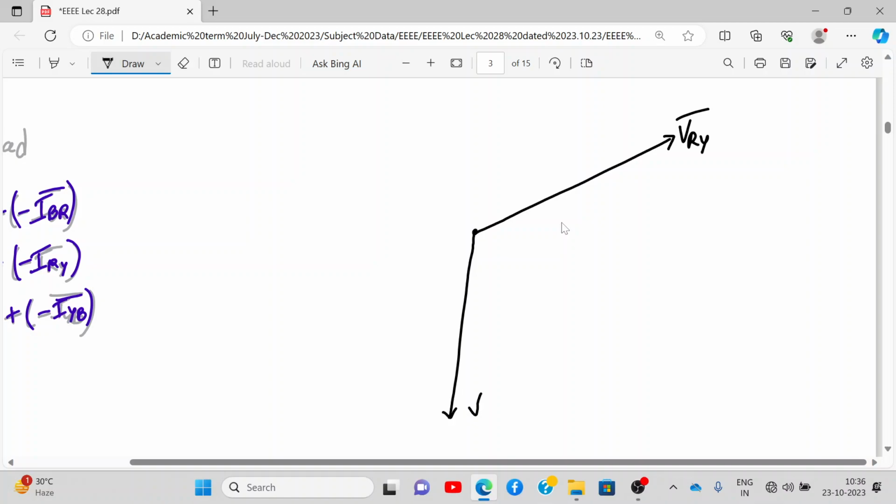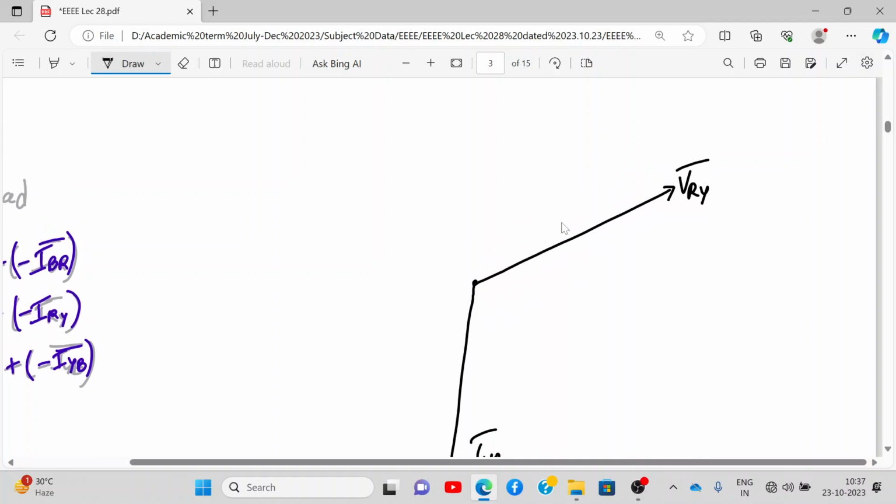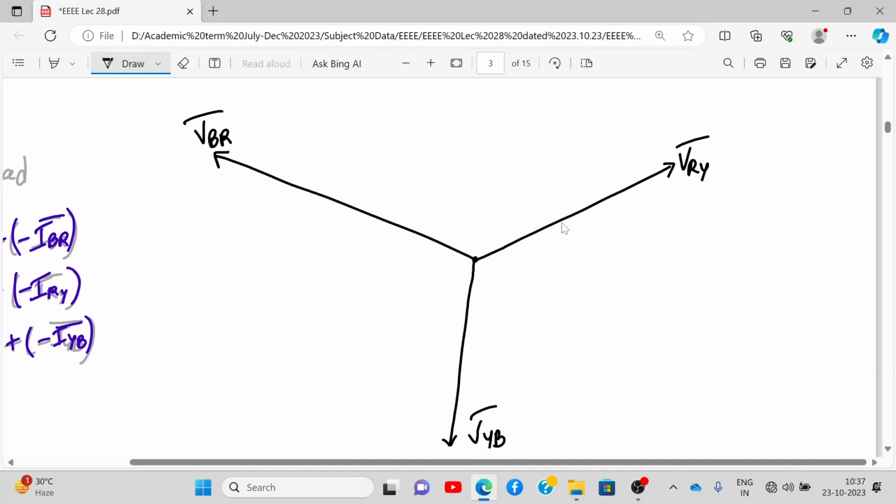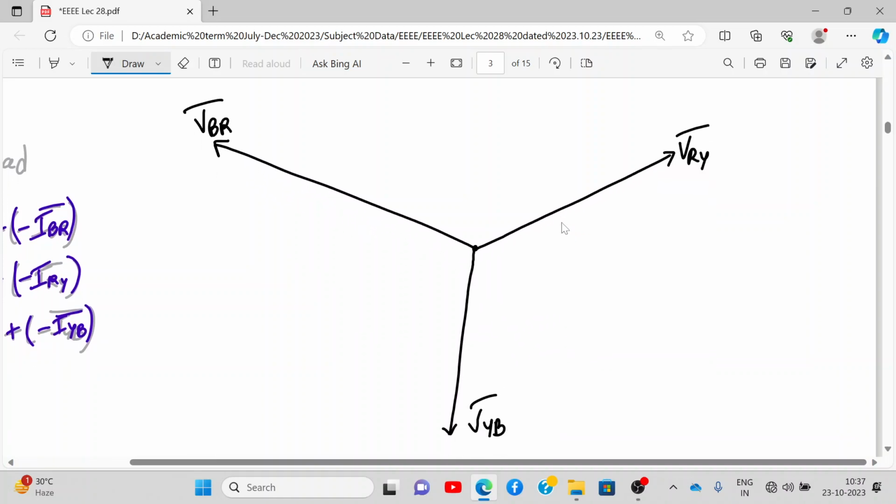Then you draw VYB, and again 120 degree apart you draw VBR. So phase voltage and line voltage in a delta connected system is same. So if I call it phase or line, they mean the same. So all three magnitudes are same and they differ from each other by 120 degree.